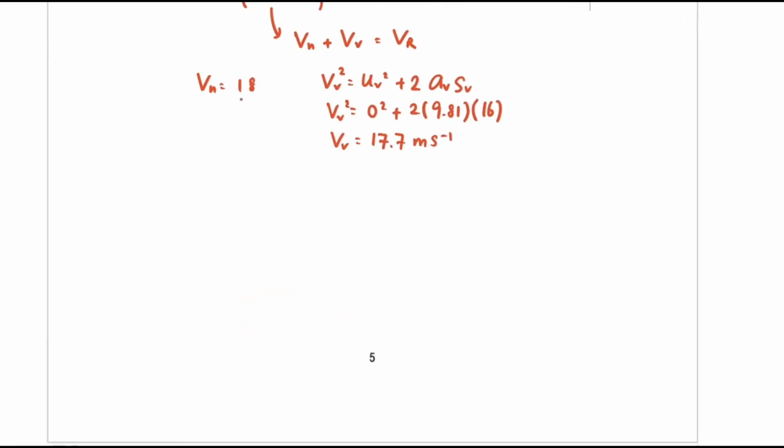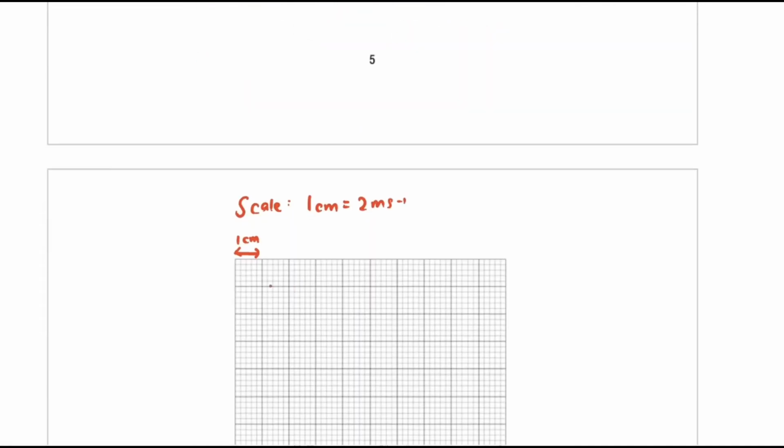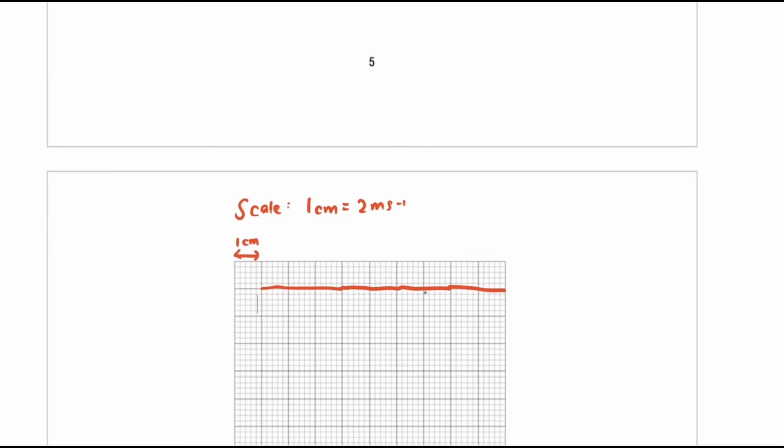Our horizontal is 18, so we draw 9 cm. We draw the horizontal velocity: 1, 2, 3, 4, 5, 6, 7, 8, 9. Okay, 9 cm to reach here.